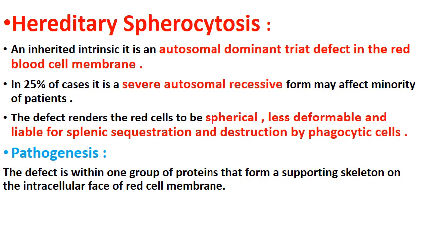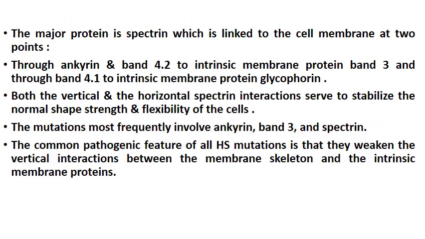The pathogenesis in hereditary spherocytosis is that the defect is within one group of proteins that form a supporting skeleton on the intracellular face of the red cell membrane. The major protein is spectrin, which is linked to the cell membrane at 2 points.